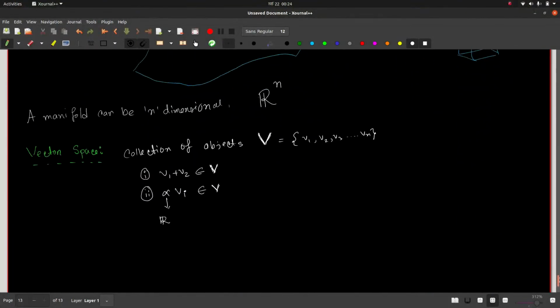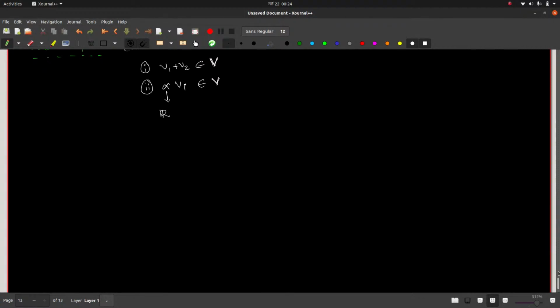Now what we want to do is define functions and functionals. So you already know about functions, but from the manifold point of view, a function, let's call it f, is something that takes a point of the manifold, let's say an n-dimensional manifold.